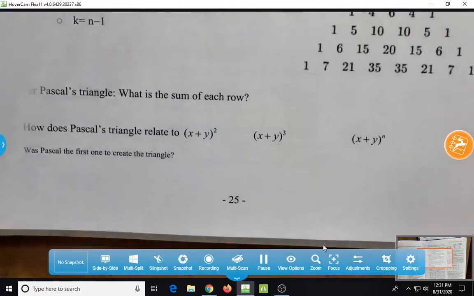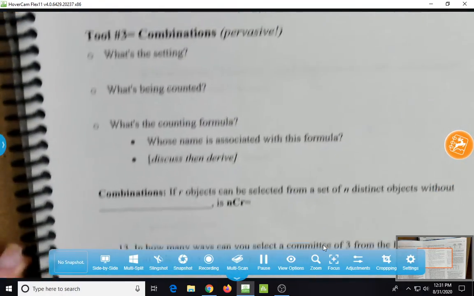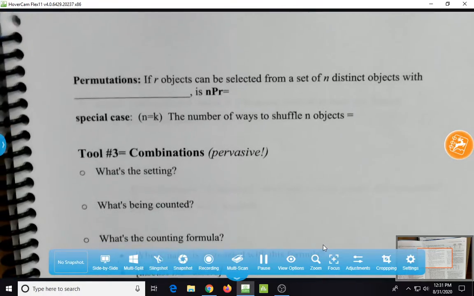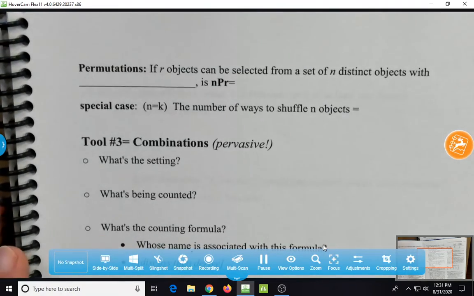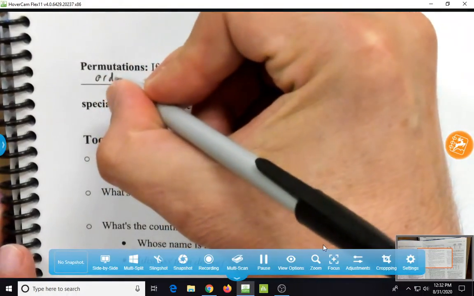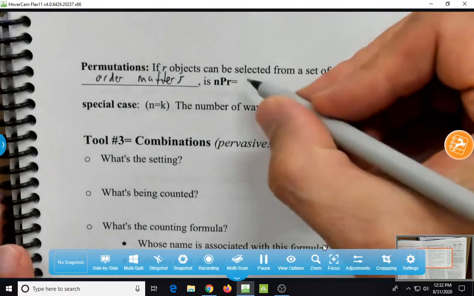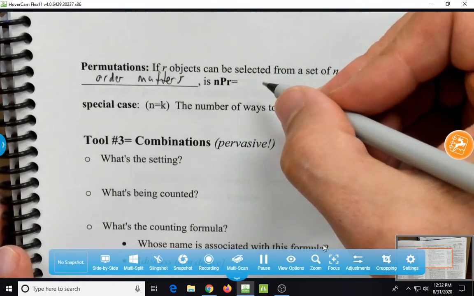Let's turn to page 25. That's just another repeat of order mattering, and I've already written down what that is.